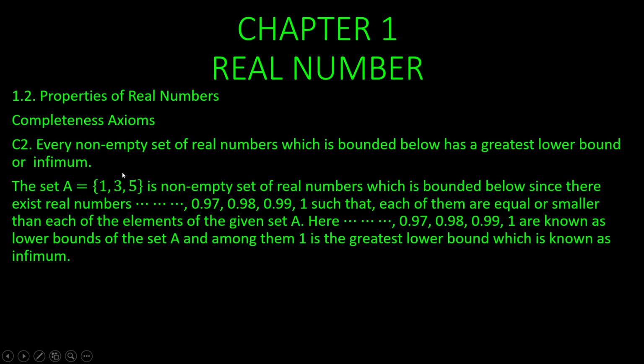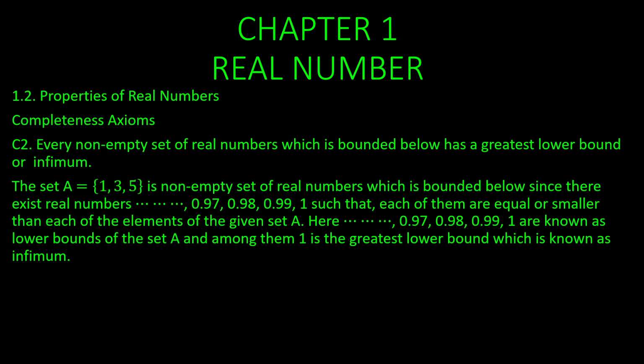We consider some elements here: 1, 0.99, 0.98, 0.97. Each of those real numbers is equal or smaller than each of the elements of the given set A.